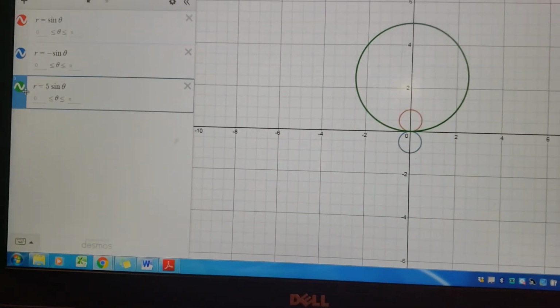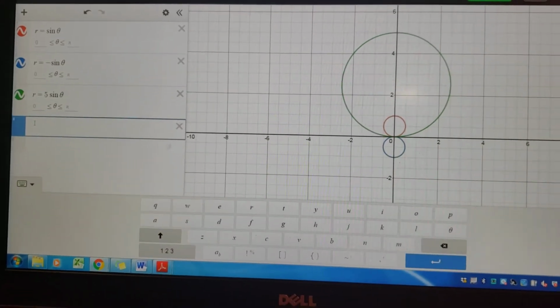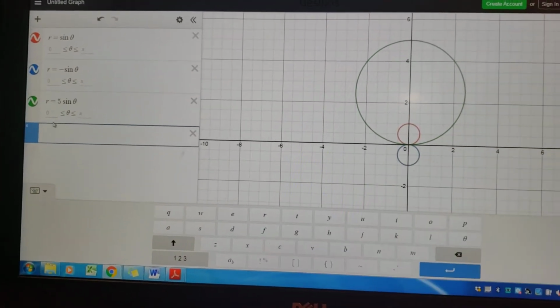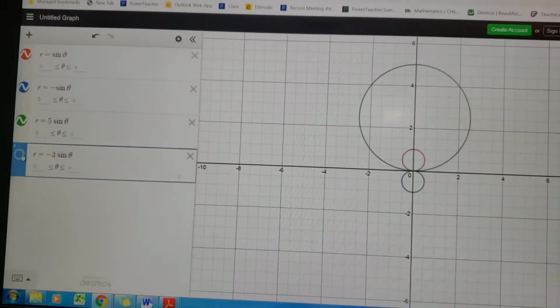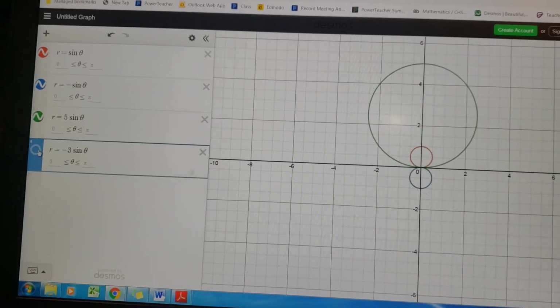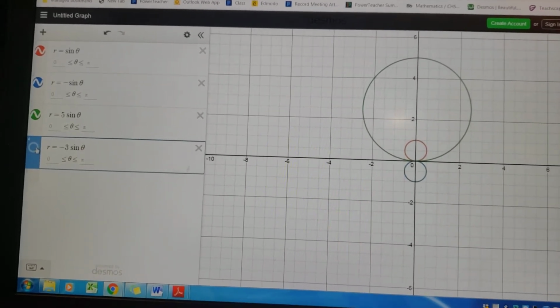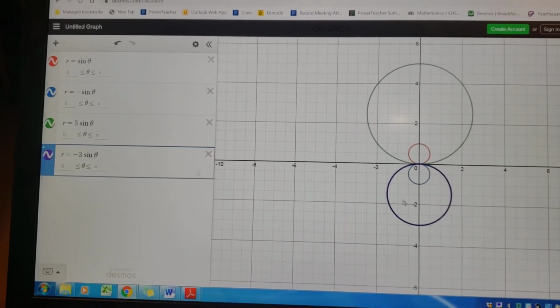Let's do one more. Why don't we say r equals negative 3 sine theta? Think about that. So let's check and see what r equals negative 3 sine of theta is going to be. And so that's the one in purple right here.